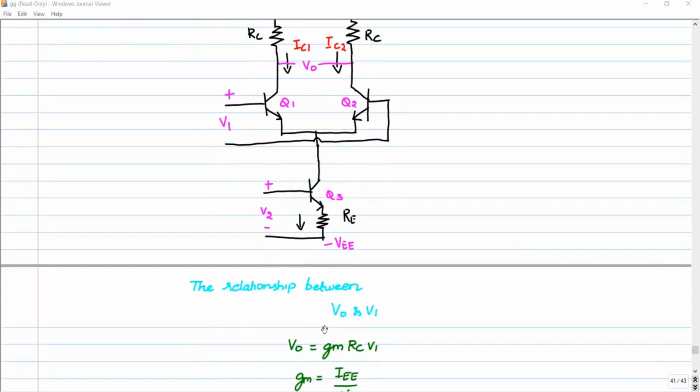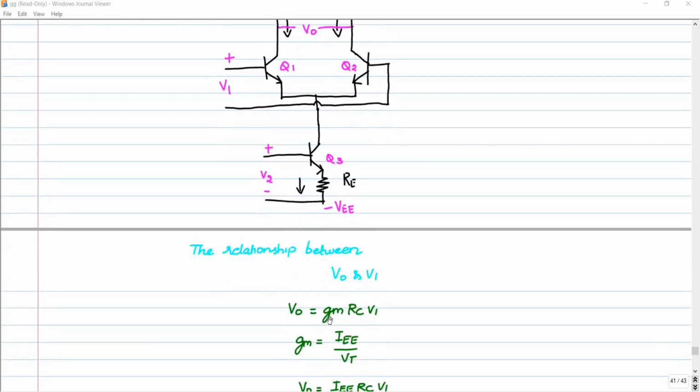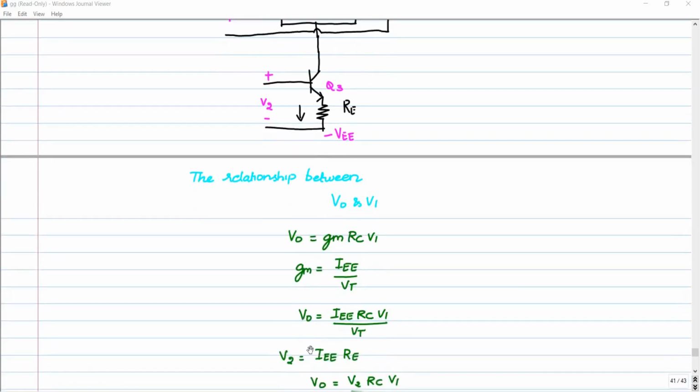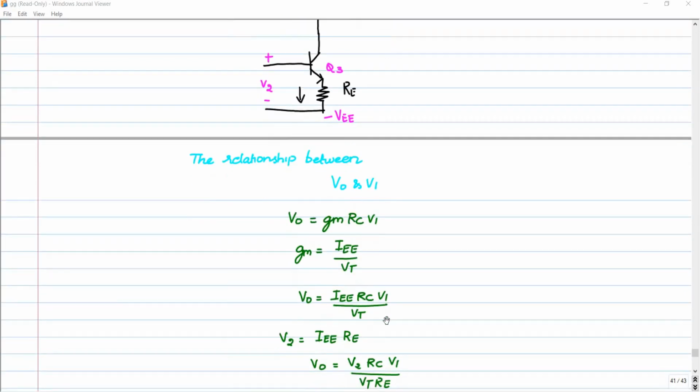The relation between V0 and V1 is V0 is equal to Gm RC V1, where Gm is equal to IE divided by Vt. I am going to substitute that in equation 1. So V0 is equal to IE divided by Vt into RC V1.